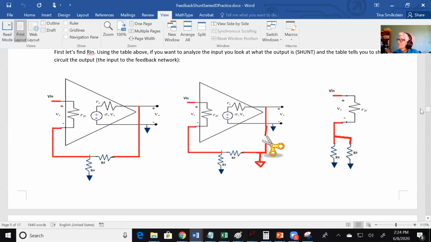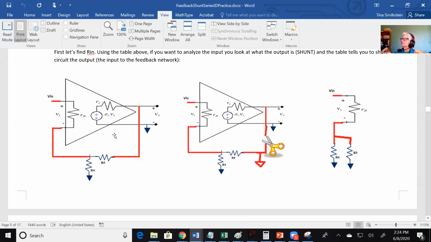So is this something you would use on the IC level of making your circuits, or is this something that you would use when you're making an op amp? I'm a little bit confused. It would be when you're picking your R4 and R5. For any amplifier you pick, whether it's series shunt, series, shunt, series, you can come up with equations for how R4 and R5 affect your gain, your R out and your R in.